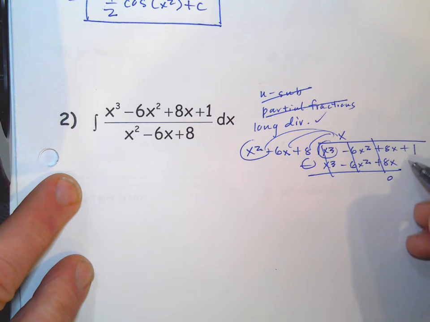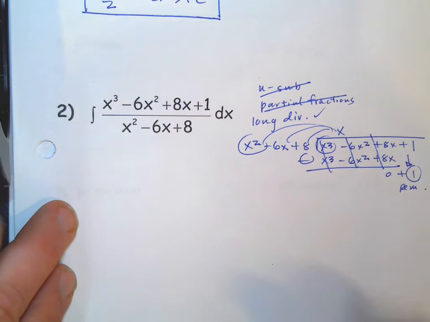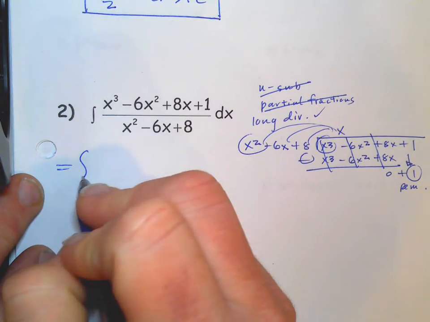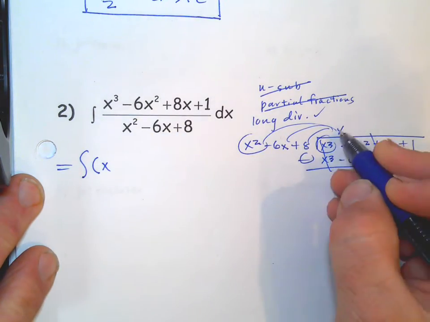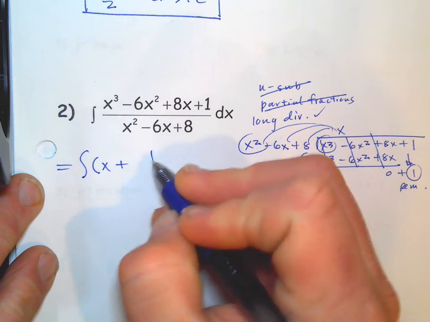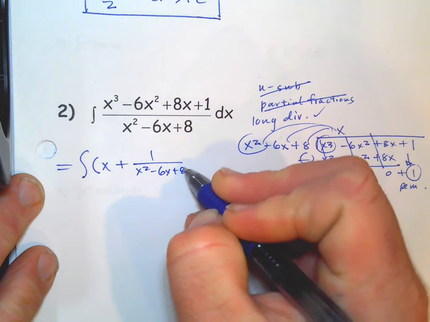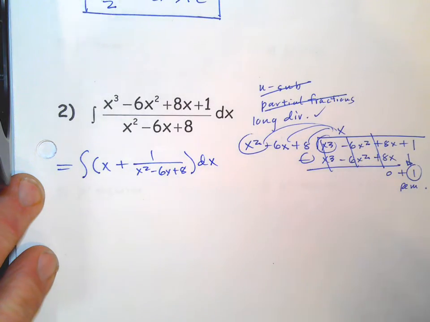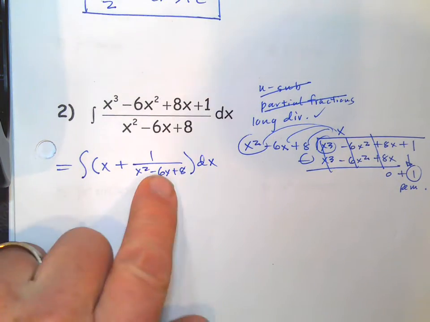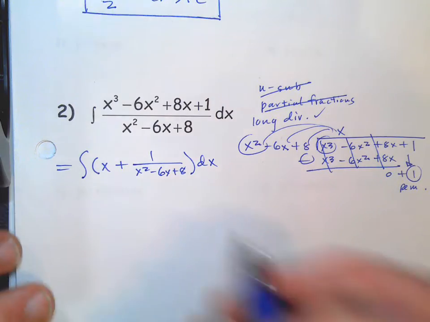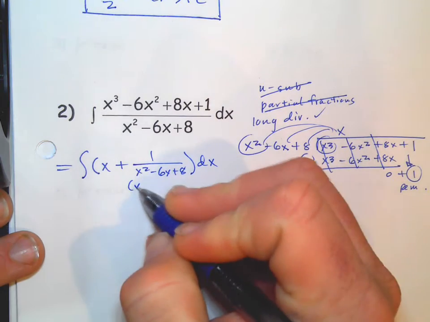Get 0, drop the next number down, plus 1. That is your remainder. So what we have now is the integral of x plus the remainder over the original denominator. Now you have to try and integrate that, and we can't. This is where we should do partial fractions.